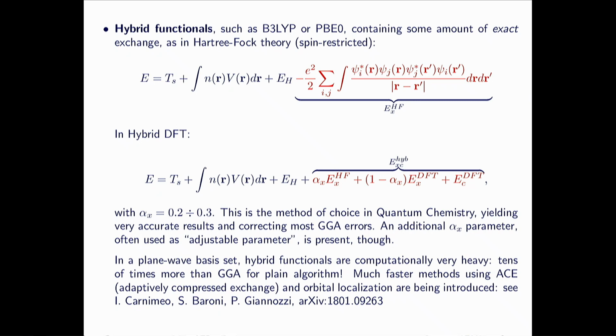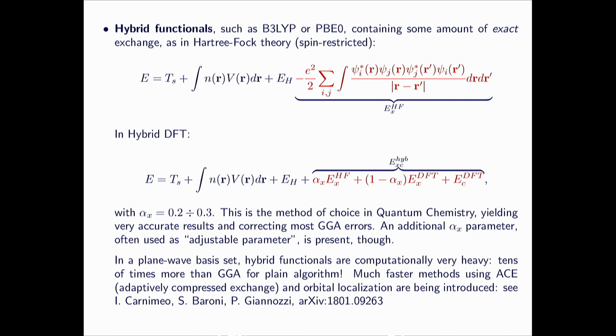Now, what is the problem here? Well, you have a lot of different density functionals available, and then you have even a further parameter. So problem number one is that you have an additional parameter, the admixture, how much exact exchange you add to your DFT functional.